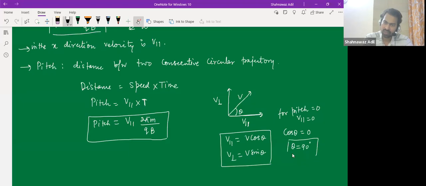So when theta is 90 degrees, this is the direction of the magnetic field, and the velocity is perpendicular to this magnetic field. So what would be the trajectory, guys? If theta is 90 degrees, the magnetic field and velocity are at 90 degrees, so what would be the path?